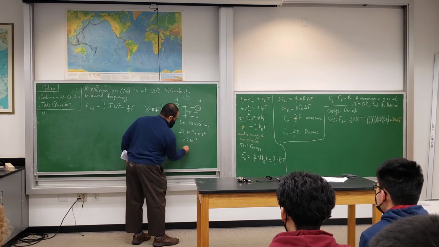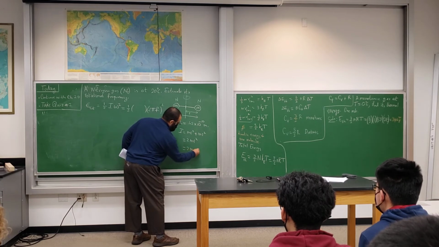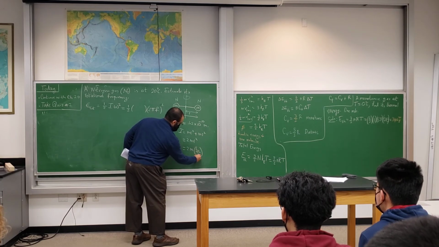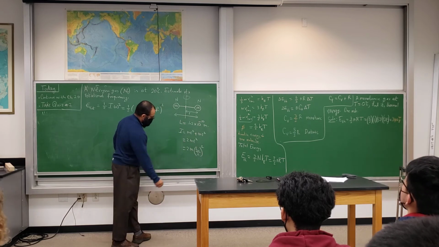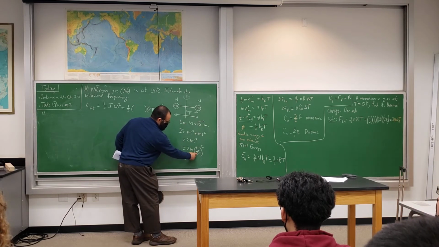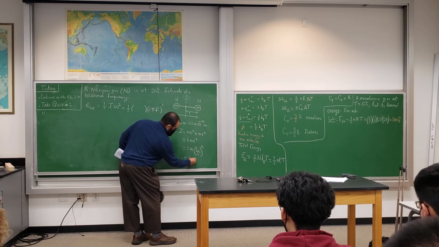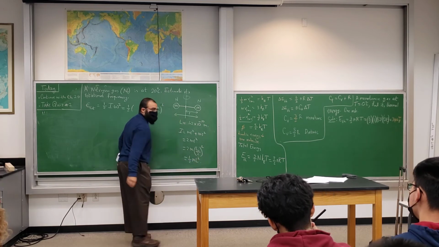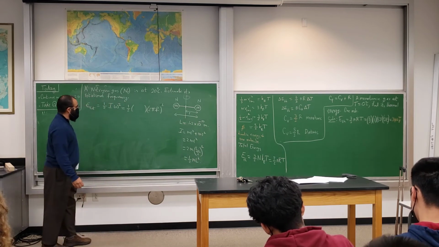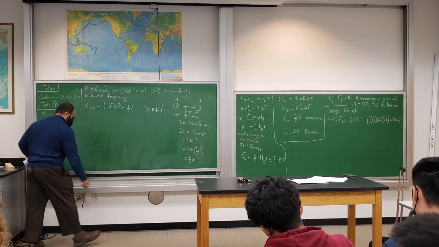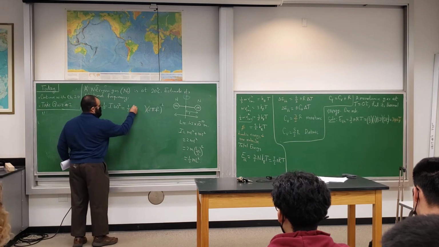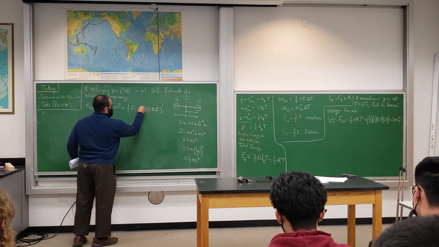So I have 2m times L over 2 squared, right? Because r is L over 2. When you square the 2 it becomes a 4, but there is a 2 here, so you end up with 1/2 m L squared.